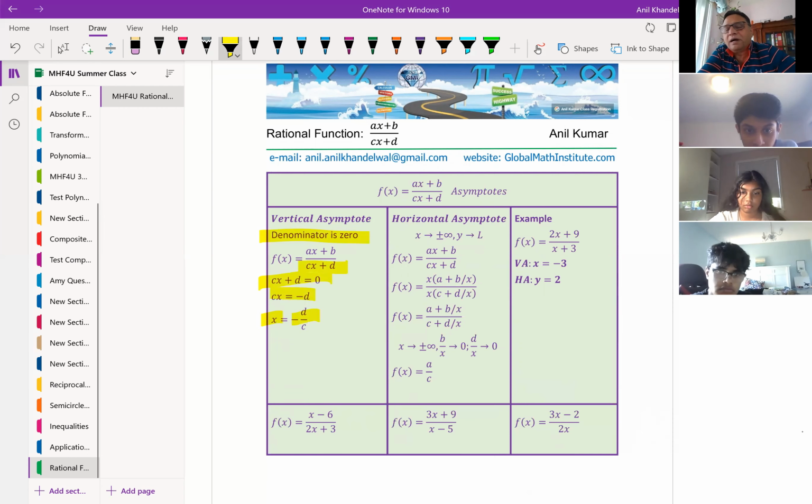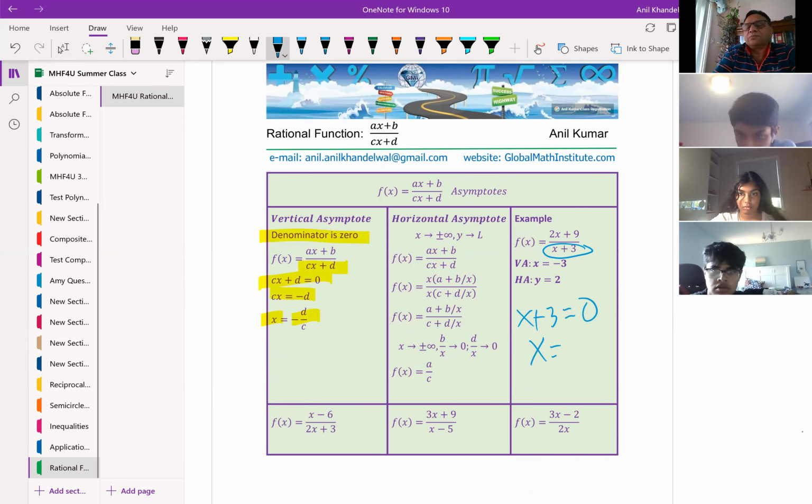Minus d over c. Just solve for it. If I have 2x plus 9 over x plus 3, then where will it have the vertical asymptote? You equate x plus 3 to 0, so x is equal to minus 3, that is your vertical asymptote. Is this clear to you?